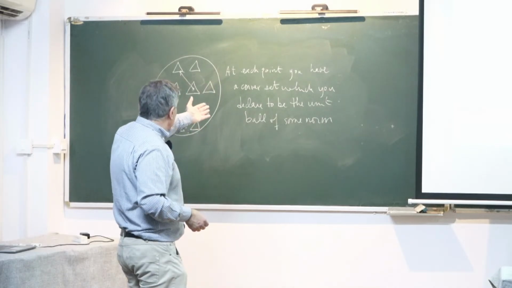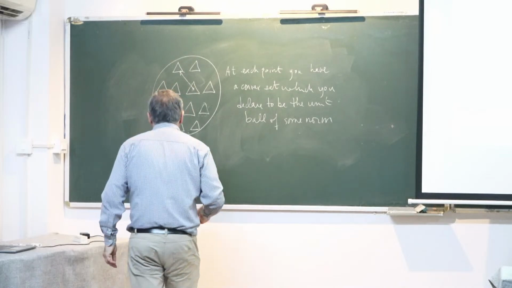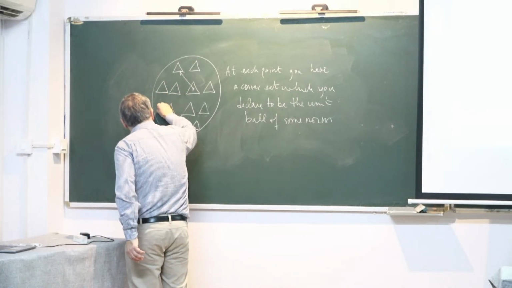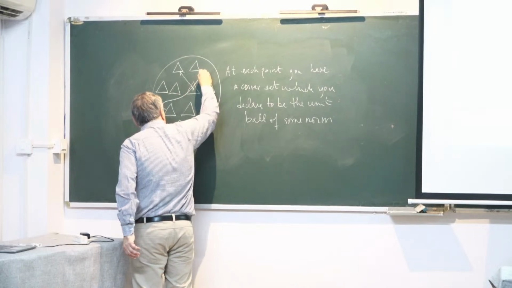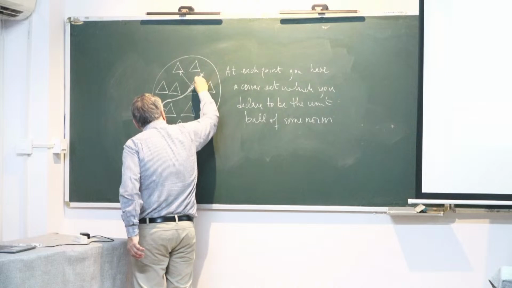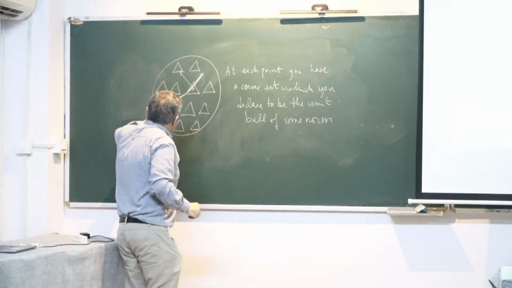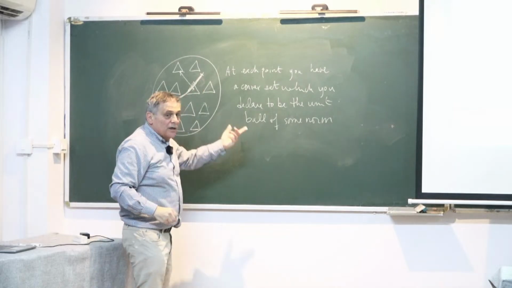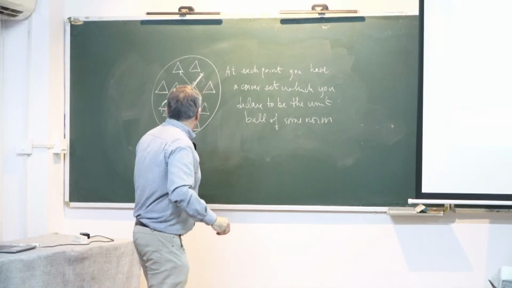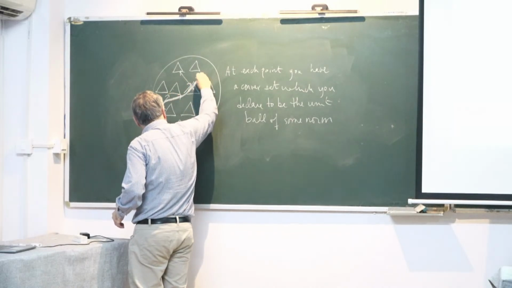And now here at each point you have a convex set which you declare to be the unit ball of some norm. And now you take any 2 points. You join them by a differentiable curve. And you can say what is the length of this differentiable curve, because it has tangent vectors, since it is differentiable.